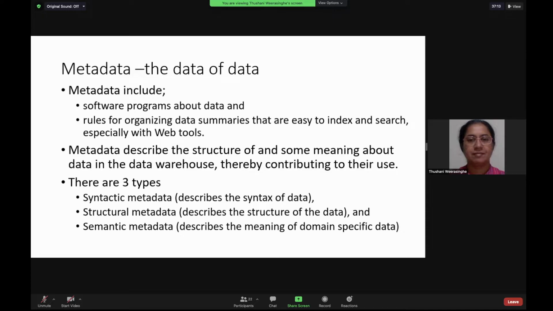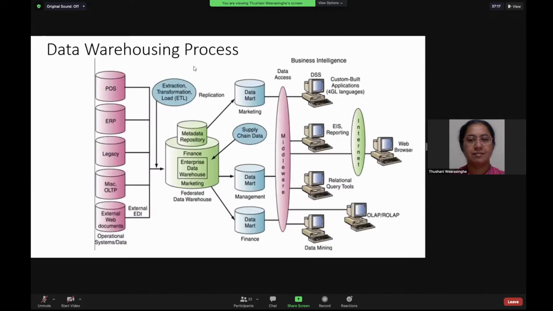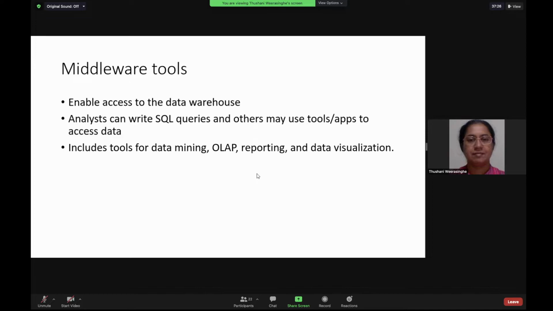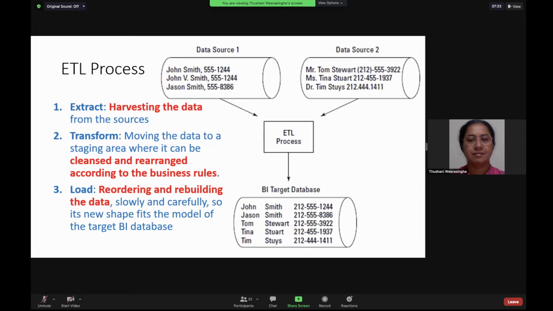These things are also explained in the video. Please refer to that. Then for the data warehouse, you have the structure and the data warehouse process, and the middleware tools, then the ETL process. We'll be talking about the ETL process in general. That is the mostly used one, but there's another one as well, the ELT process, that we'll talk about next.